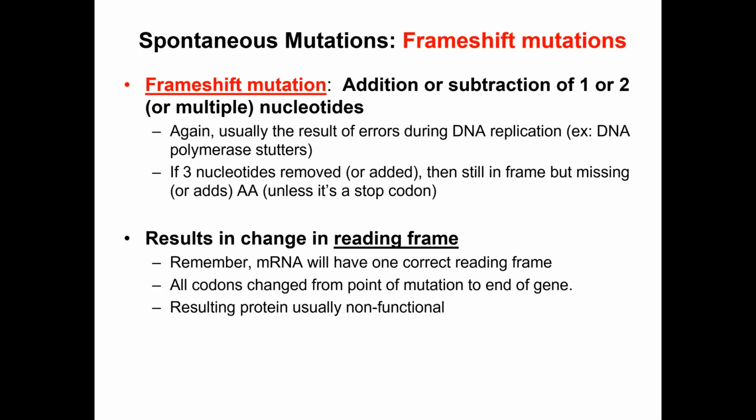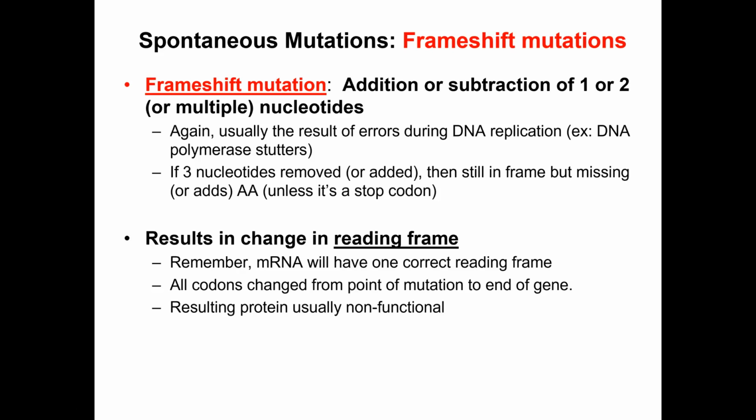So we talked about translation. I talked about the importance of the start codon. The start codon sets up the reading frame. This is why it's frameshift. If you add one nucleotide, all the other codons get pushed down by one and out of frame. If you add or remove 2 nucleotides, they all get pushed down by 2 nucleotides, still out of frame.